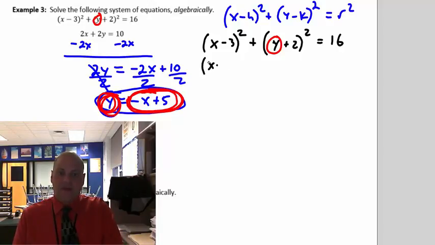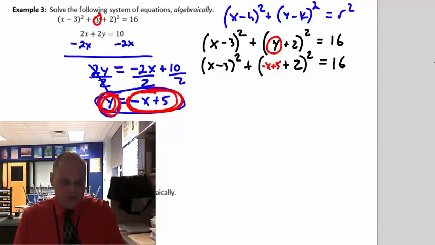So it's going to be x minus 3 squared plus, I'm going to keep everything the same except I'm going to replace the y with negative x plus 5. Negative x plus 5. See that? Looks like a mess, but we'll just clean it up. No big deal.